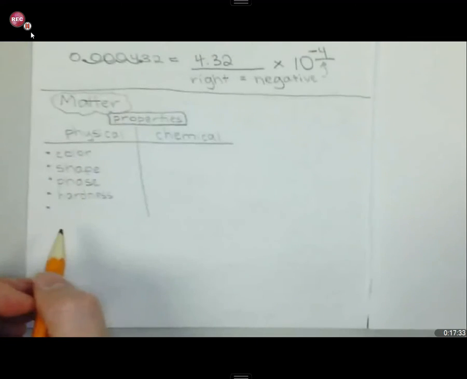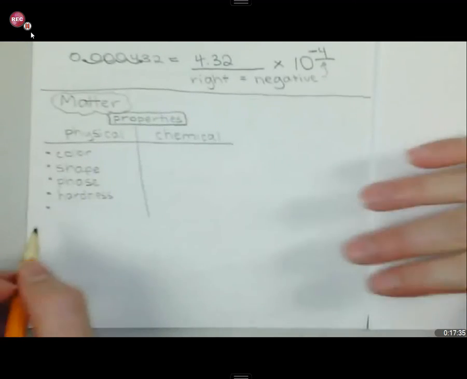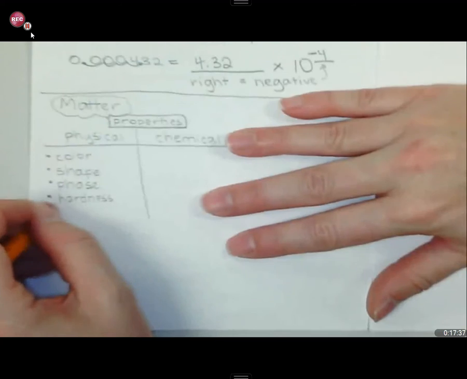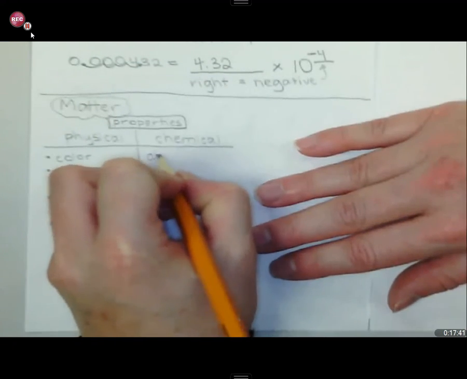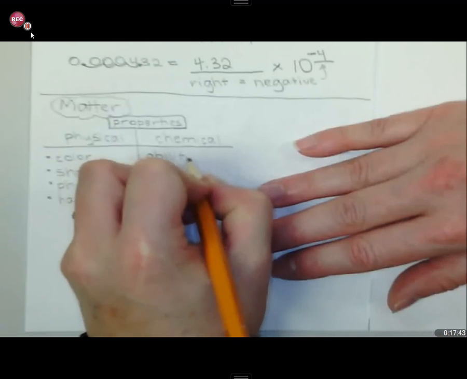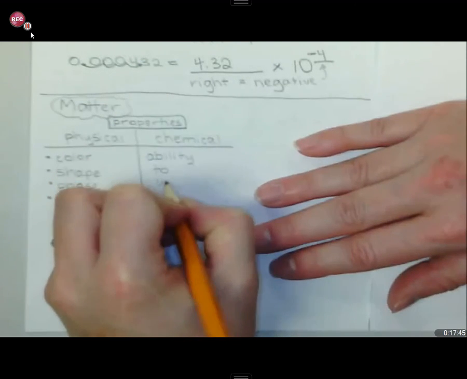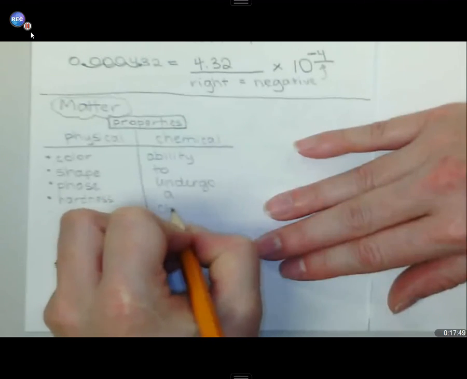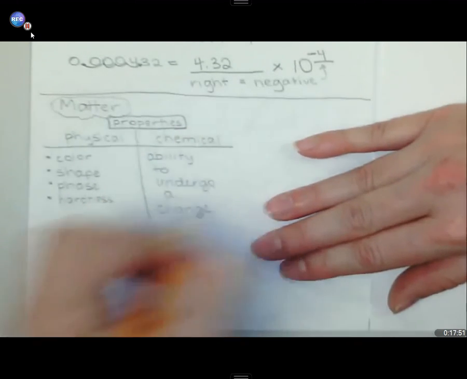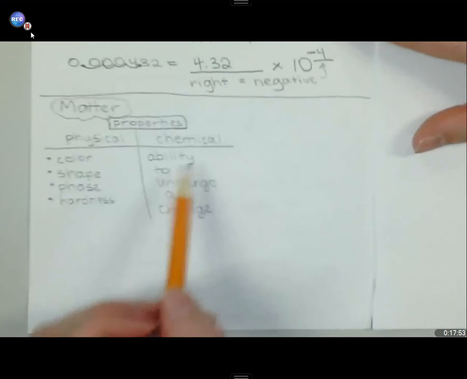Physical properties are things that describe what it looked like. Okay, so anything like that. Now with chemical, it's going to be the ability to undergo a change. So those are for your properties.